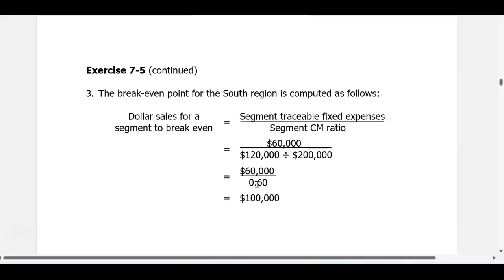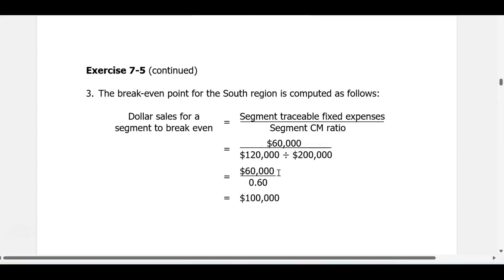So 60,000 plus zero target profit divided by 60% contribution margin gives you total sales of $100,000.